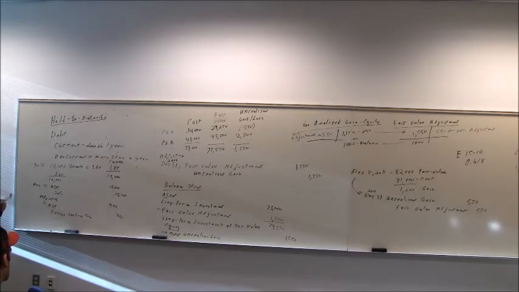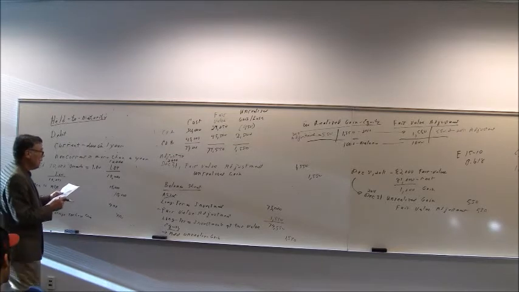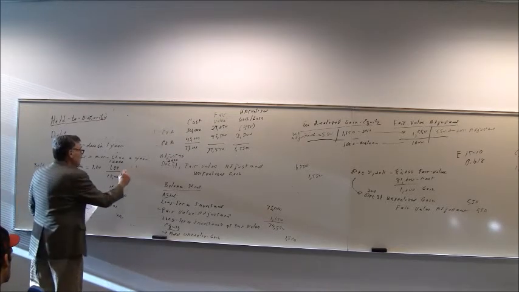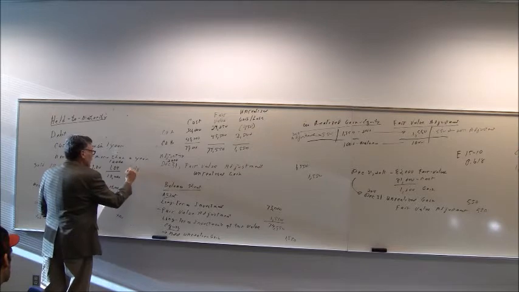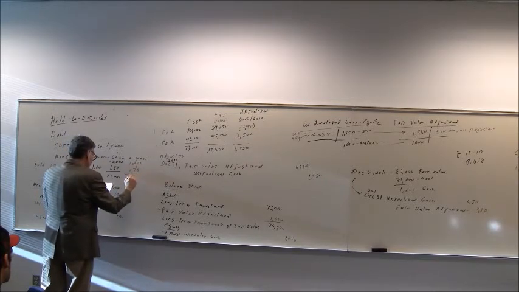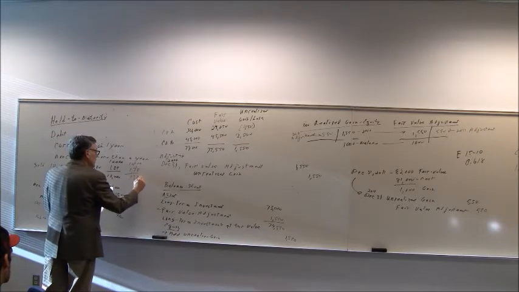Okay? Now, then on February 10th, the money's due. Now on February 10th, it's worth $1.78. So 10,000 pounds times $1.78 comes to 17,800.